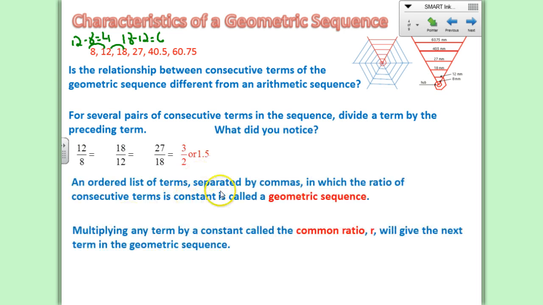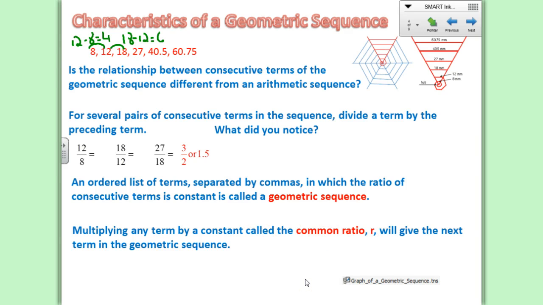An ordered list of terms separated by commas in which there is a common ratio between consecutive terms is called geometric. Multiplying any term by the constant called the common ratio will give the next term in the geometric sequence.